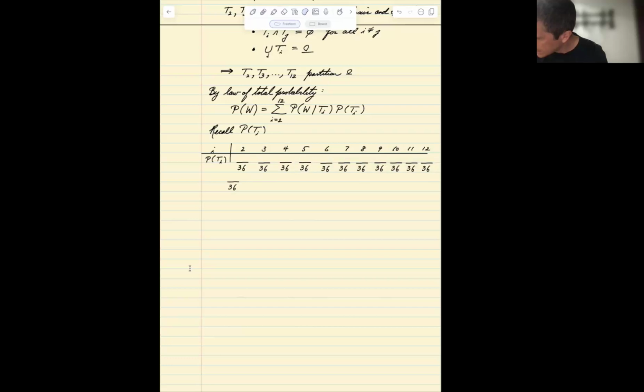And we've done this already, and it's like a pyramid. It's a triangle, actually. 1 up to 6, 6 down to 1. Right, so this is a review.